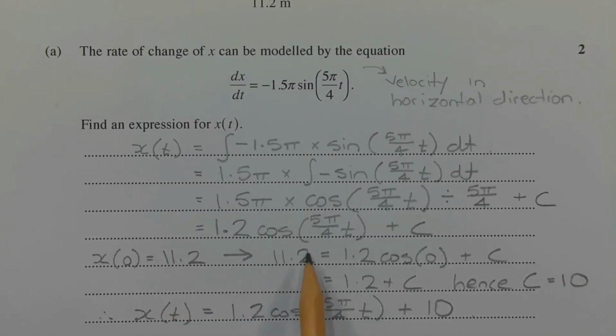In other words, 11.2 is equal to 1.2 times cos of 0 plus c. And cos of 0, of course, is 1. So 11.2 is equal to 1.2 plus c, hence c is equal to 10. Therefore, x of t is equal to 1.2 times cos of 5 pi over 4 times t plus 10.